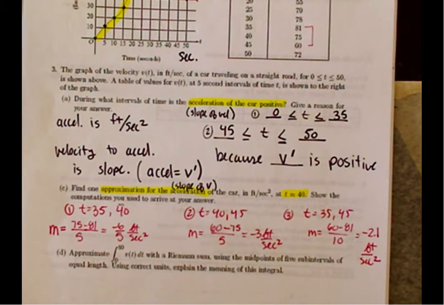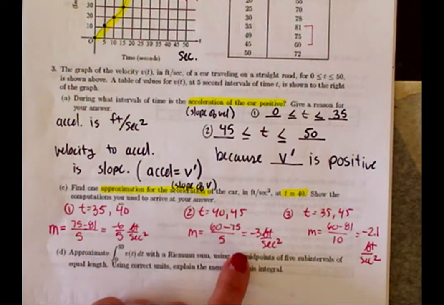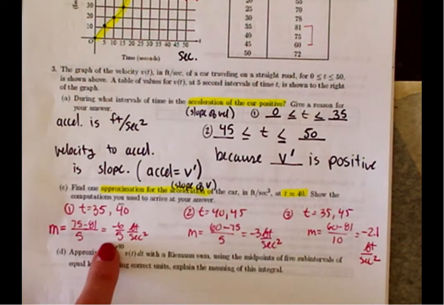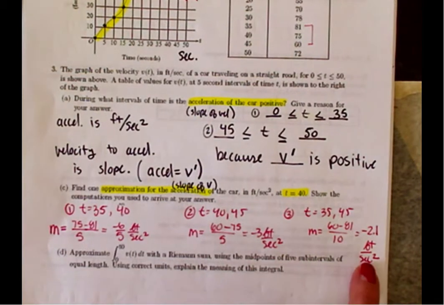Doesn't matter which estimation. It just said find one. As long as I can see where the work came from, one estimation is good. Notice that it does get a little bit more steep on the right side of that point, which you can see by the -3. Little less steep, little more steep, something in between.